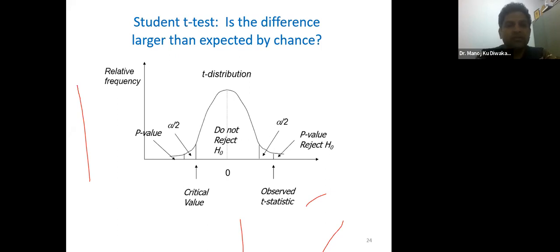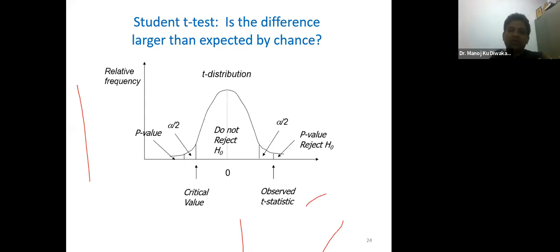If the value goes beyond the critical region, then you make the decision and the null hypothesis is rejected, if the value lies beyond the non-rejection region. So based on the p value you can make the decision whether your null hypothesis is rejected or not rejected.